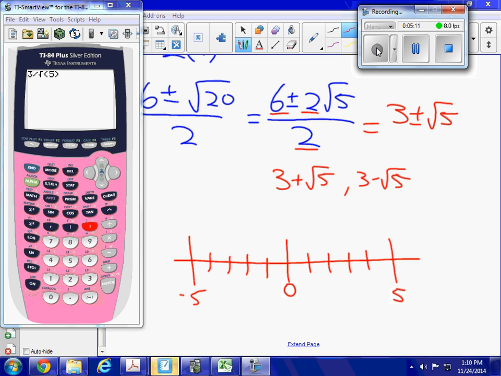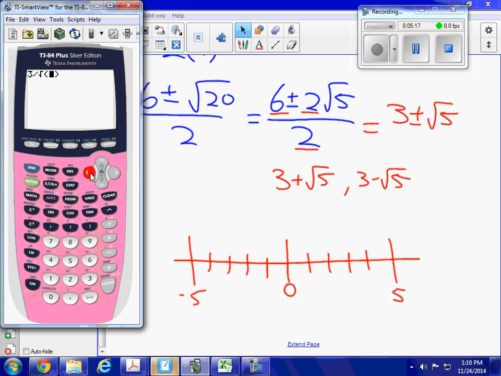Here's a number line, and I've got my calculator. I want 3 minus the square root of 5, and I get 0.76. So this point right here is 3 minus the square root of 5, about 0.76.